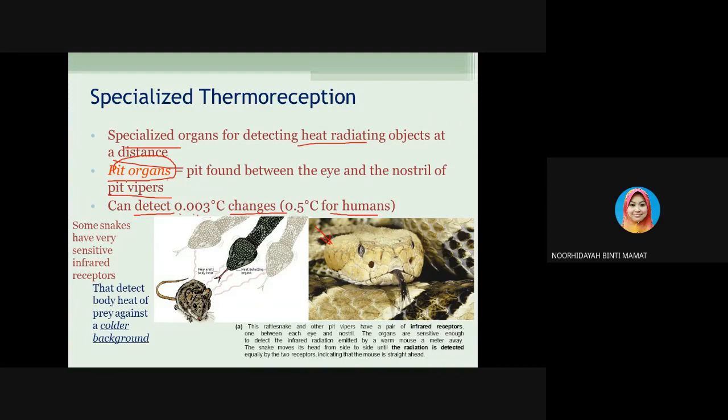These pit organs are sensitive enough to detect the infrared radiation emitted by a warm mouse a meter away. The snake will move its head from side to side until the radiation is detected accurately by the two receptors, which indicates that the mouse is straight ahead.